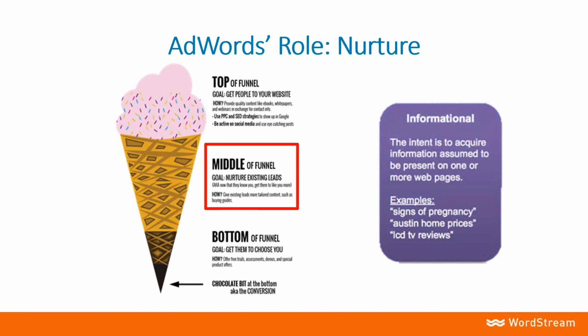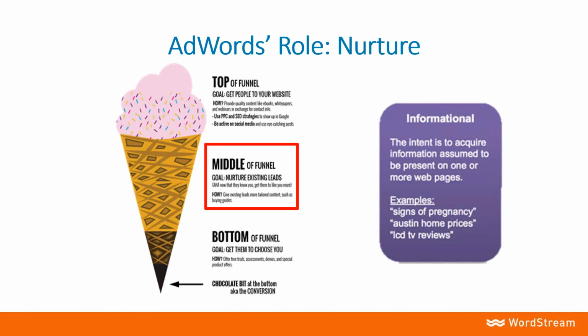As we move down the middle of the funnel, this is where AdWords is going to play a predominantly nurture-based role in your marketing efforts. So from a keyword level, this is where you're going to be providing value and creating brand familiarity. Both of these are essential to basically garnering enough trust from a prospect that they feel they can convert, that you're deserving of their conversion.